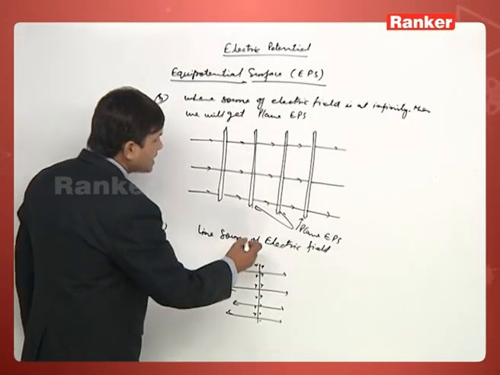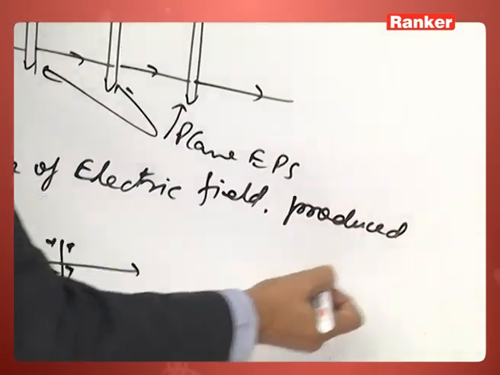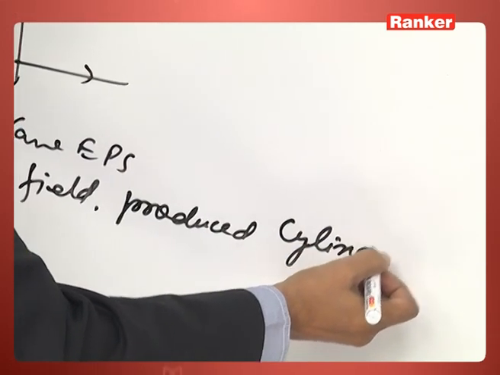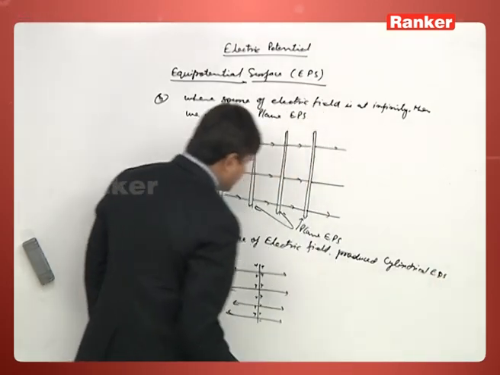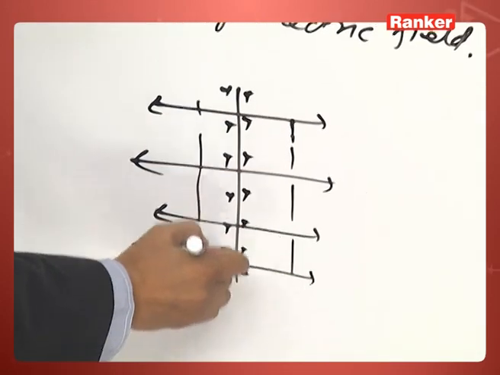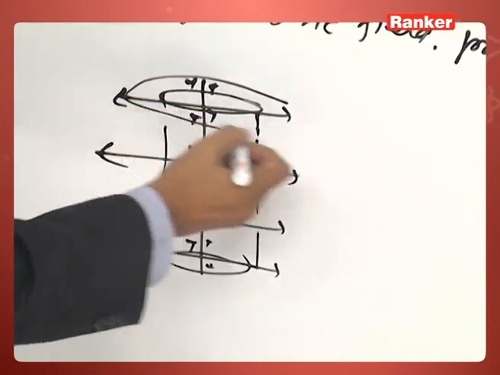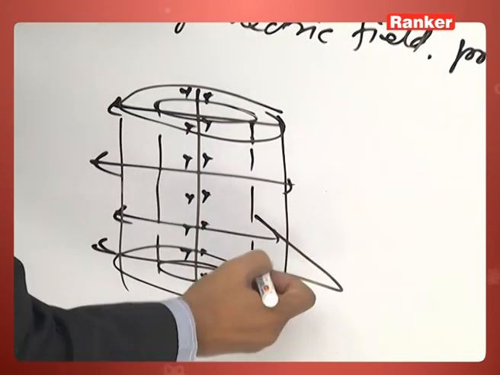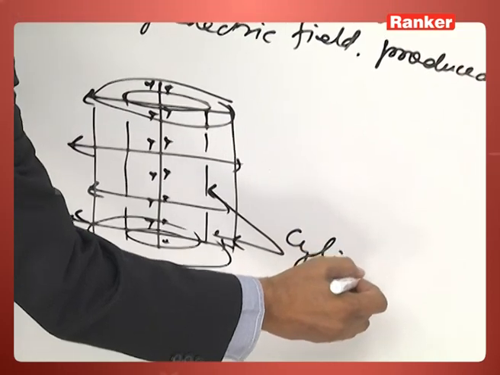So a line source of electric field produces cylindrical EPS. If we join those points which are at the same potential, we will get this type of cylindrical surfaces. So these are your cylindrical EPS.